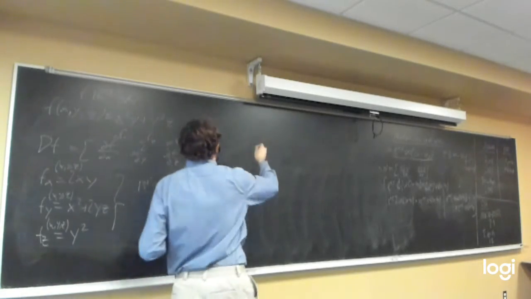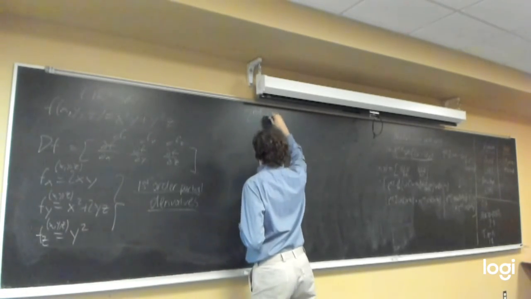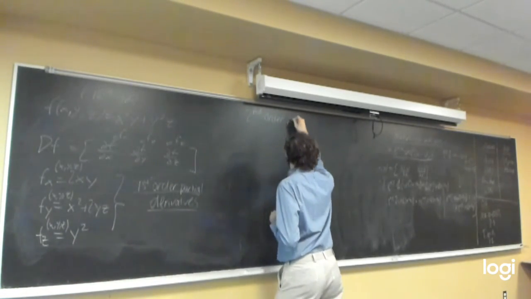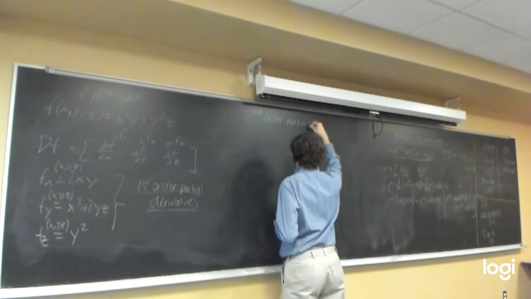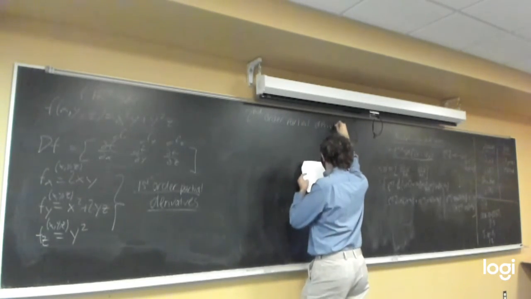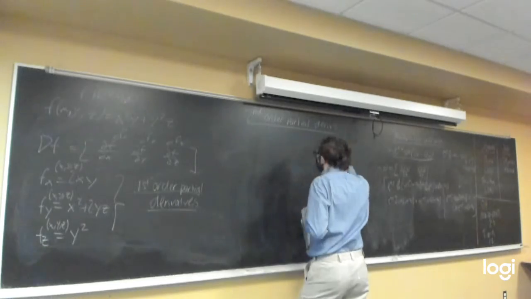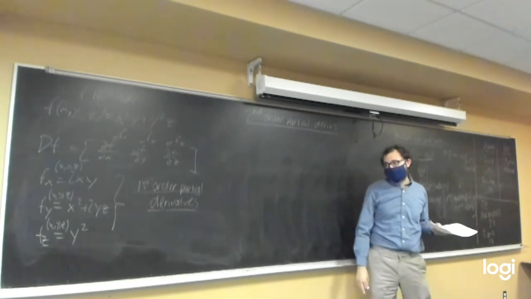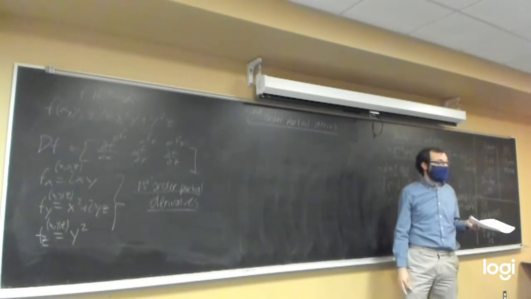The second order partial derivatives come from taking partial derivatives of f sub x, f sub y, and f sub z, respectively.